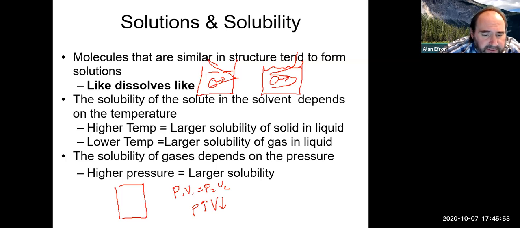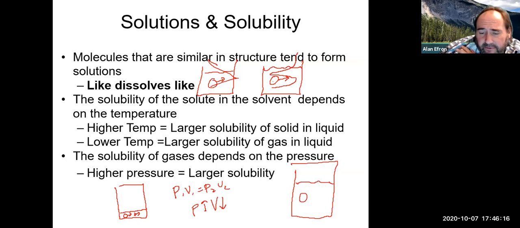At higher pressures, we have a much smaller volume, meaning all of our gas molecules are sitting in a much smaller area, so there is a lot more mixing of those gas molecules. In addition, at higher pressures, we have a larger solubility of a gas in a liquid. So there are a lot more gas molecules in a liquid at very high pressures.